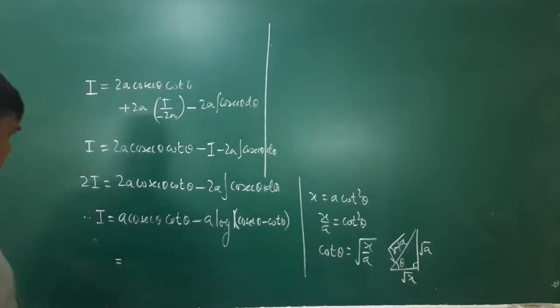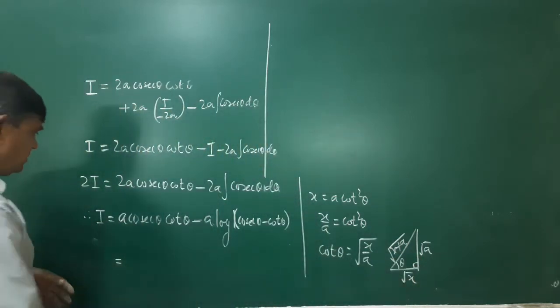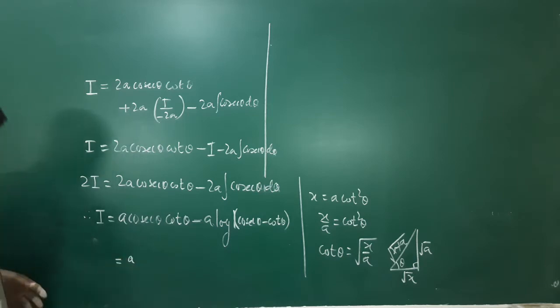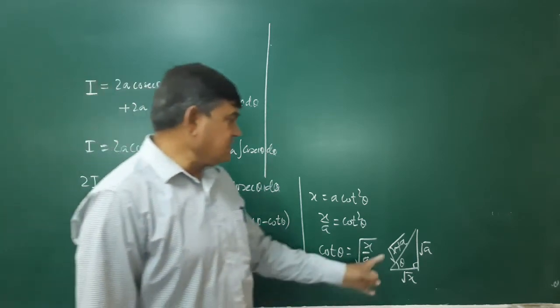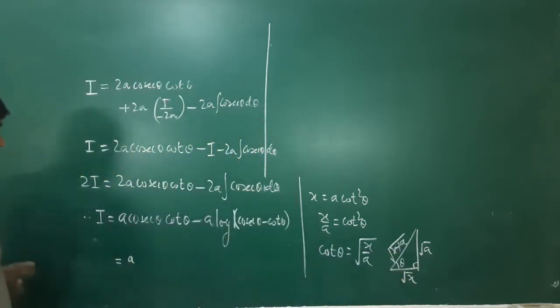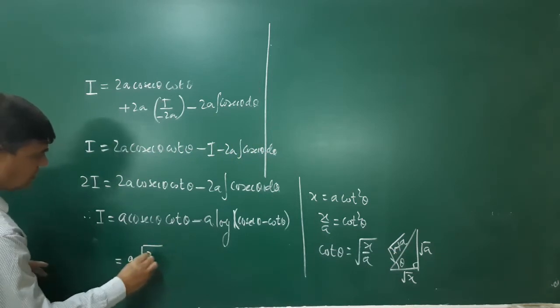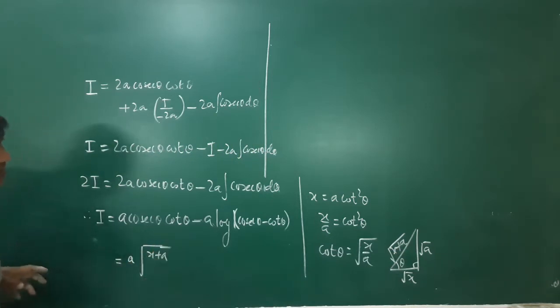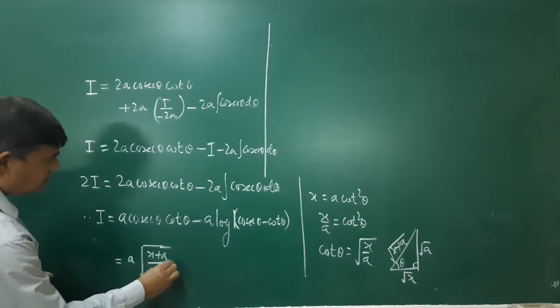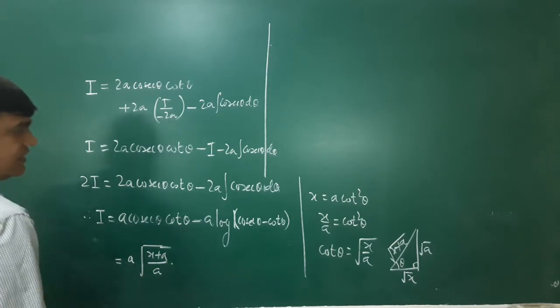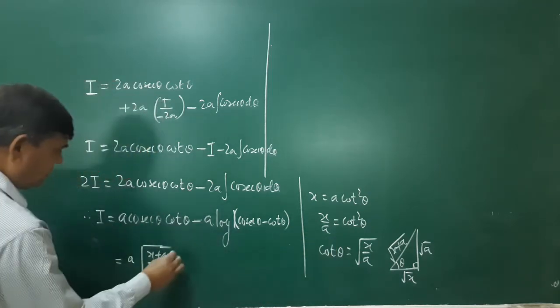Now we substitute the result because it is the indefinite integral. So it is a times cosec theta, which means this upon this: root x plus a upon a. Cot theta is root x by a.